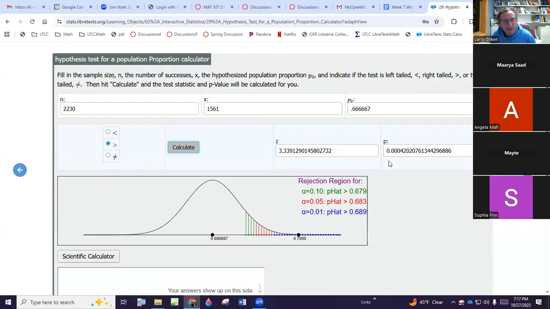So what do you think? Is there evidence or not? Is there statistically insignificant evidence or significant evidence? This calculator shows it all, but only if you know what you're looking for. What do you think? Put it in the chat box.